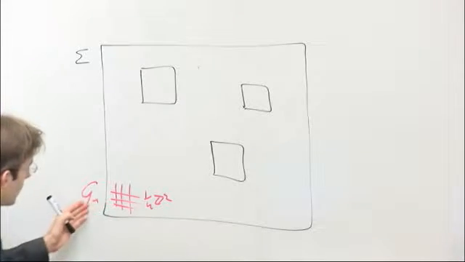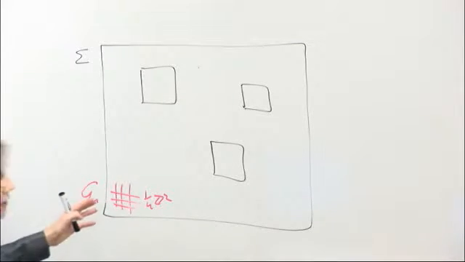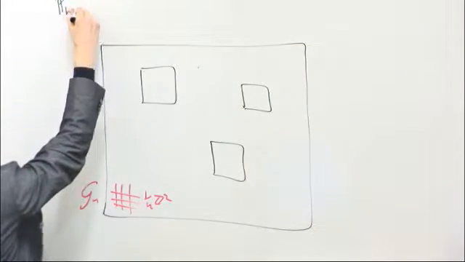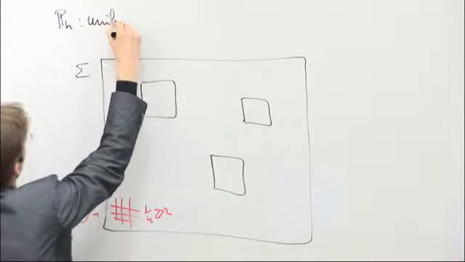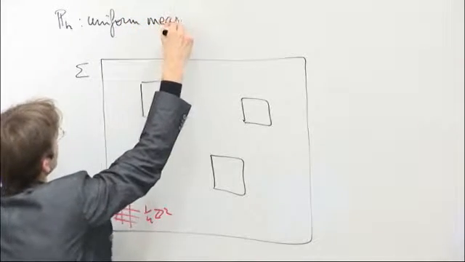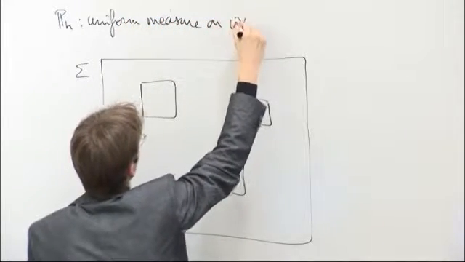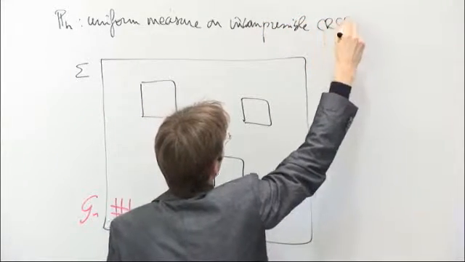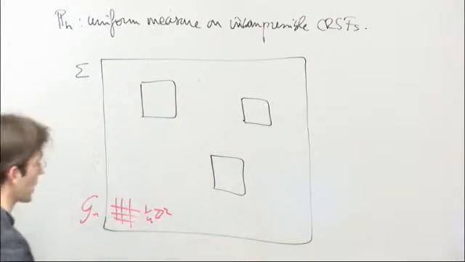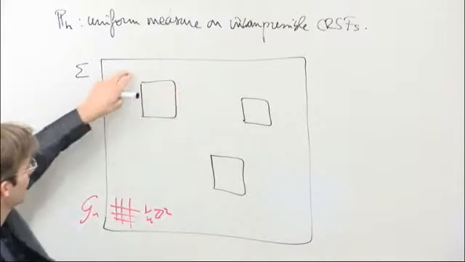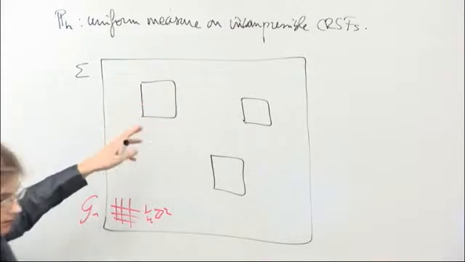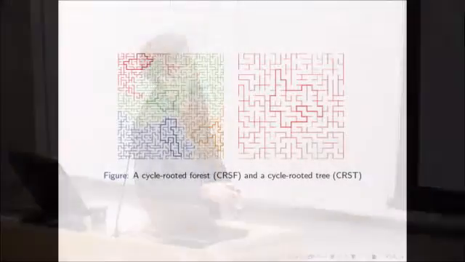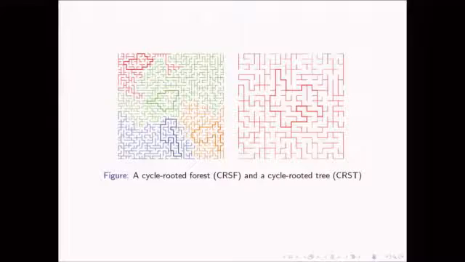Now, for each n, we will consider P_n to be the uniform measure on incompressible cycle-rooted forests. What is incompressible? It means that all the cycles of the cycle-rooted spanning forest must be non-contractible.